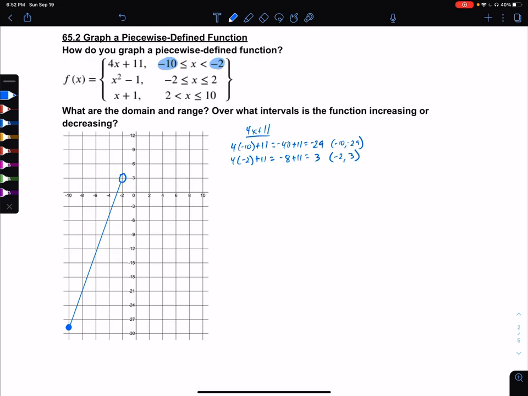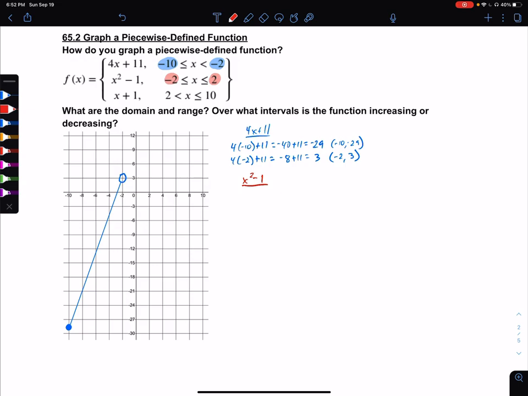And you want to do the same thing for the next two parts of your piecewise defined function. So again, I'm going to write the next one in red. We have x squared minus 1. You're taking your minimum and your maximum of your domains for that specific function.